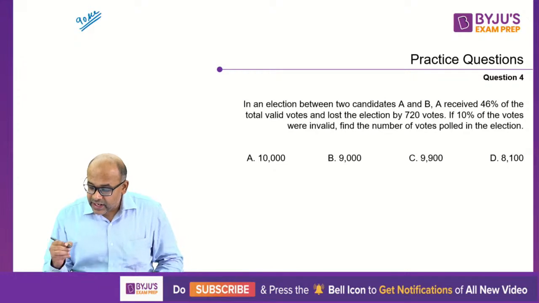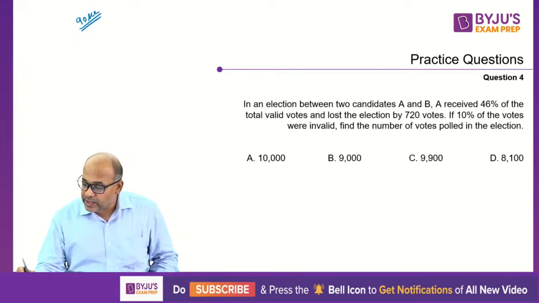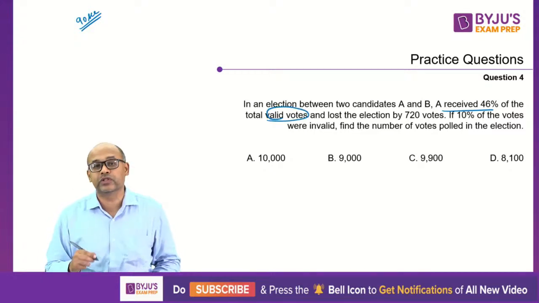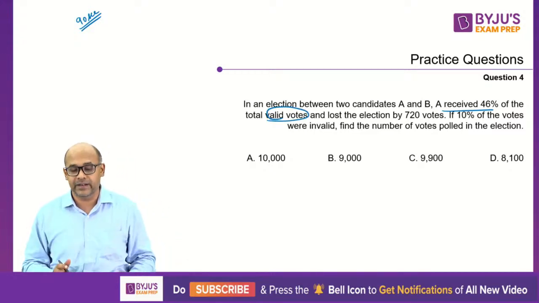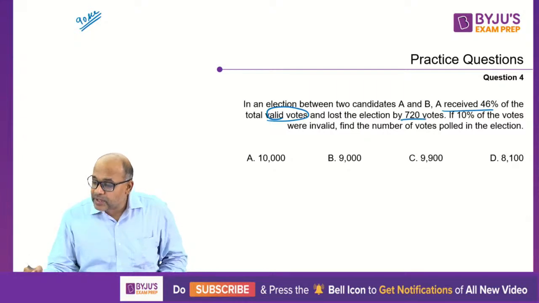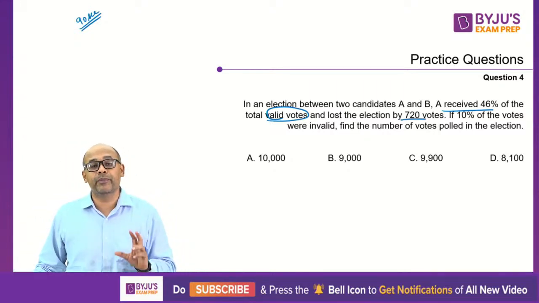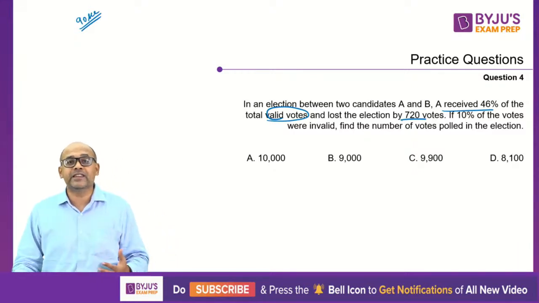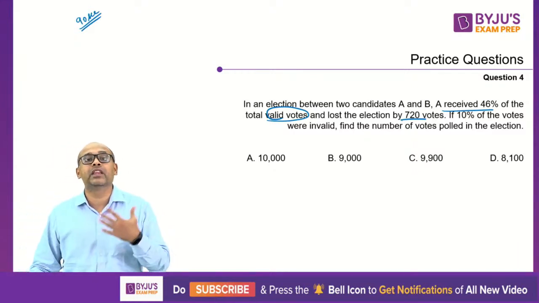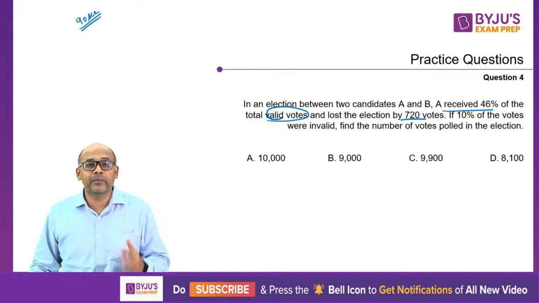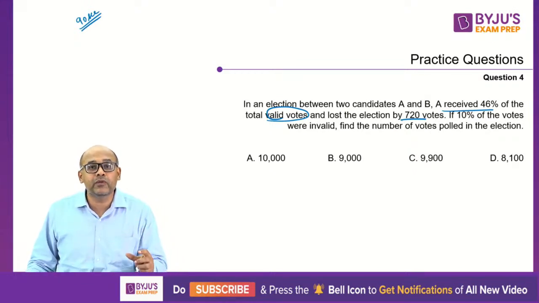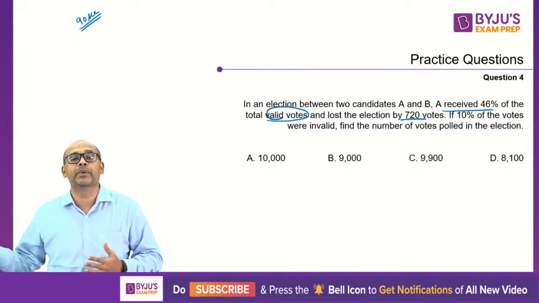So they are saying in an election between two candidates, A and B, A received 46% of the total valid votes. So the important part here is valid. And lost the election by 720 votes. So the first thing you need to understand is, in elections related questions, if I say that I lost by 30 votes, it means I got 30 votes less than my competitor.